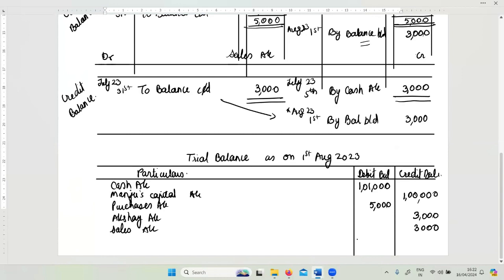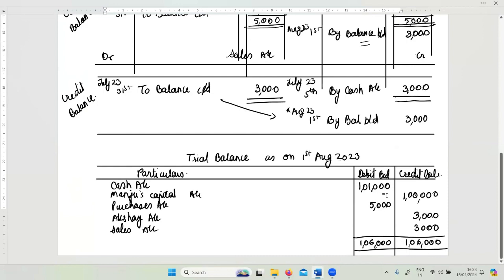Now what I will do is take the total of both sides. Both sides, if you see, the total will be 1,06,000. Here it is 1,06,000. So both sides are matching.